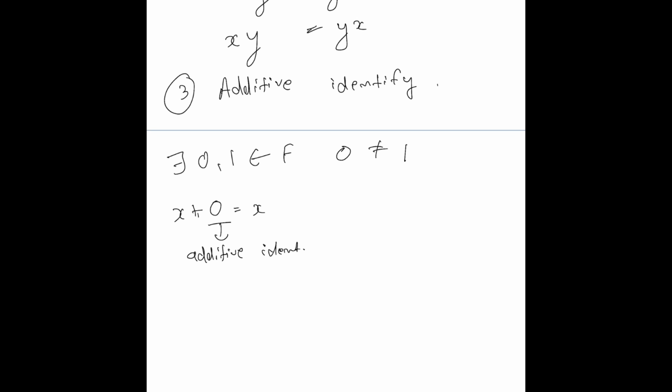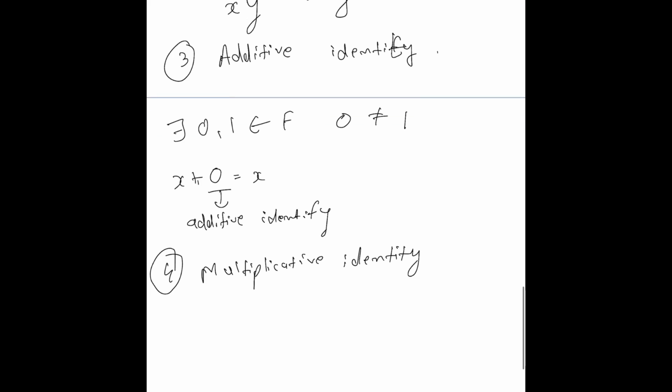For the multiplicative identity, x multiplied by 1 is equal to x, and y multiplied by 1 is equal to y. The identity is the thing which, when you multiply something with 1, we get that number itself. For addition, when you add 0 to something, you get the same number back. So it's the additive identity.